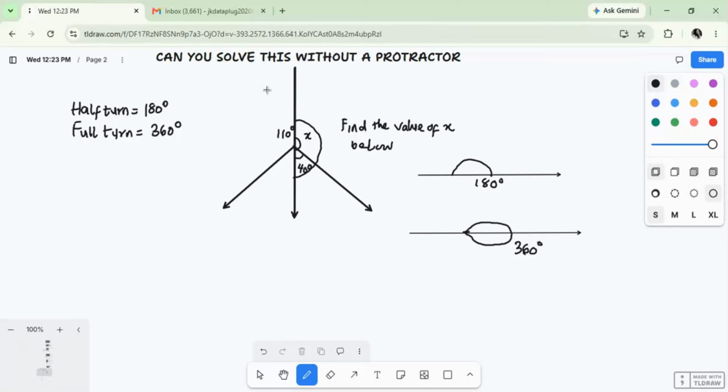So if the total angle on this part of this question is 180 degrees, which is a half turn, how do we solve for x? We simply say x will be the total budget for this question, which is 180 degrees minus 40 degrees, which will give us 140 degrees. Simple and straightforward.